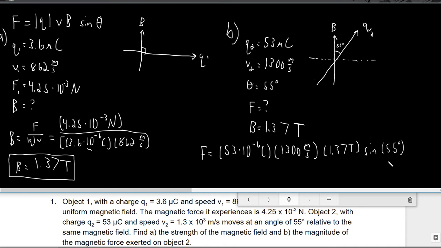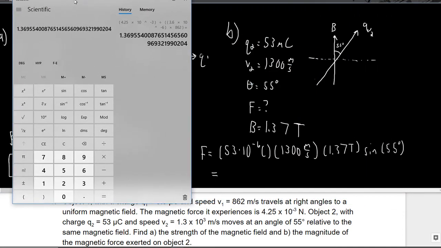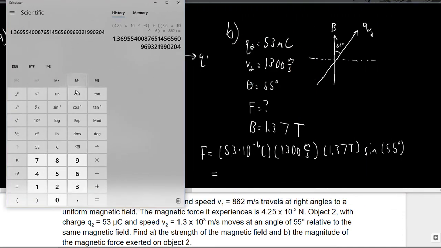All right, so I'm going to have to do a little bit of trig here. Once again, calculator out. Because of how this calculator works, I'm going to start with the sine of 55. So I'm going to go 55 sine, and then times, parentheses, 53 times 10 raised to the negative 6.